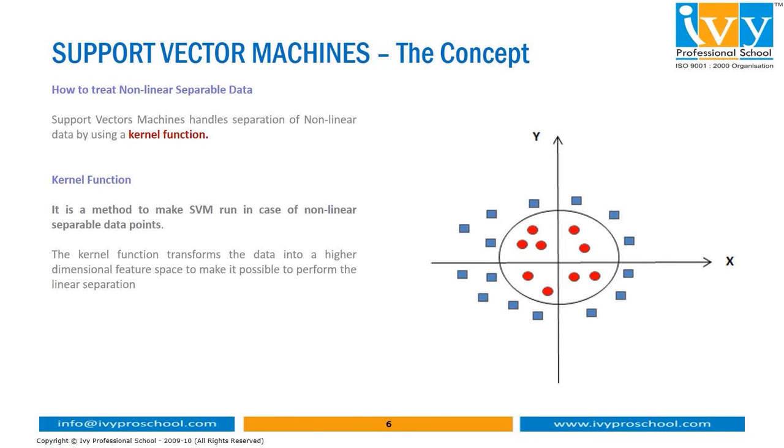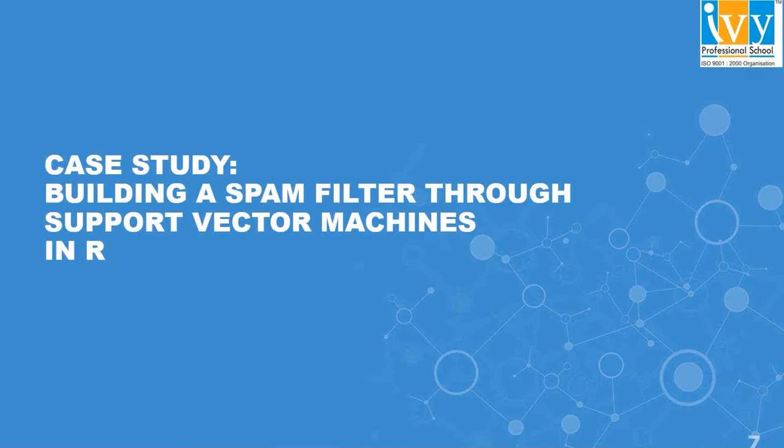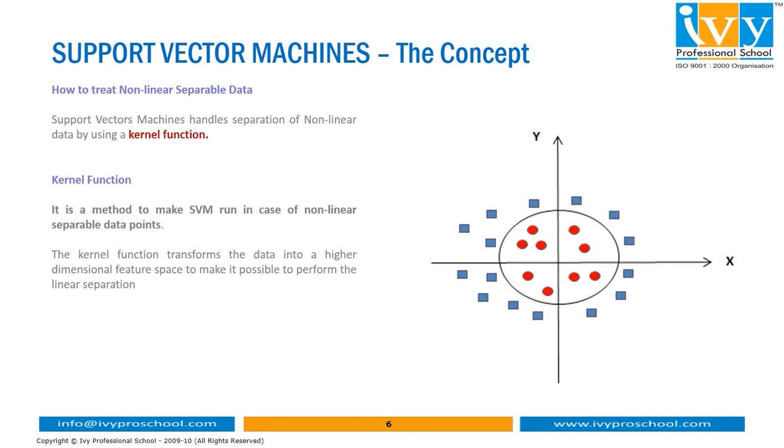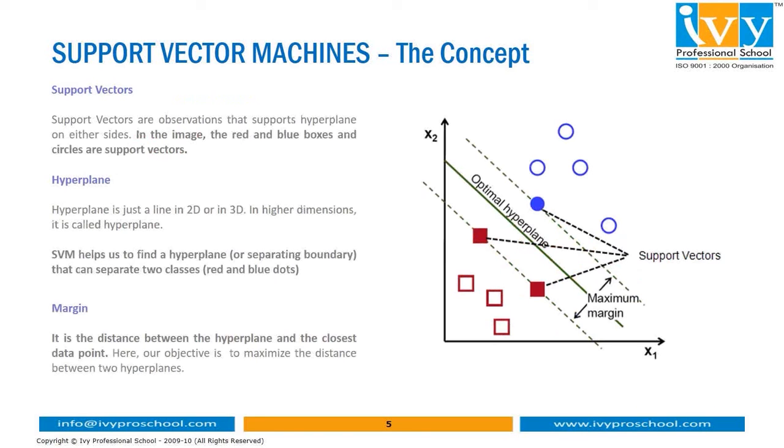If you want me to summarize this, support vectors are nothing but the points on your axis which support a hyperplane. And what is a hyperplane? It is just a line, right?